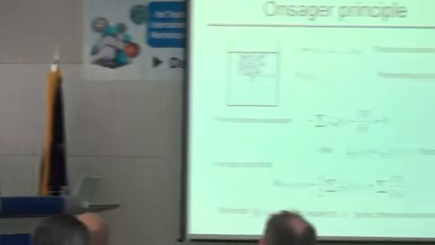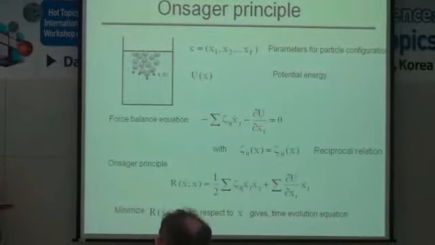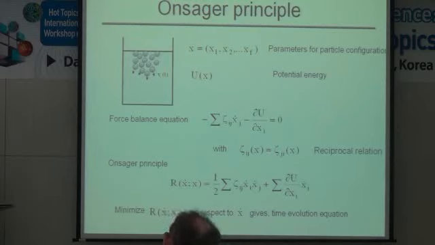And in a general way, one can say that this time evolution equation indicates the following. Suppose that this x now stands for a very general set of parameters that vary slowly in time. So we call them slow variables.